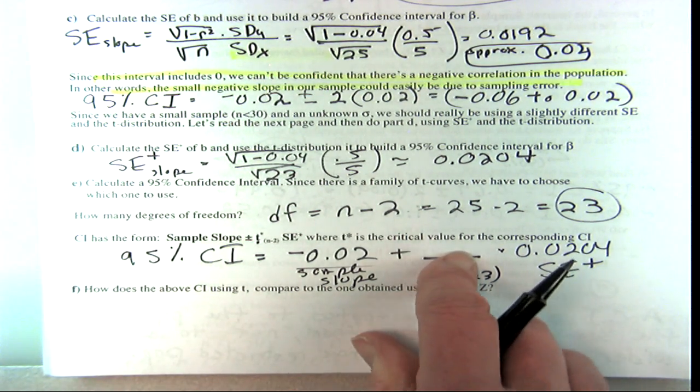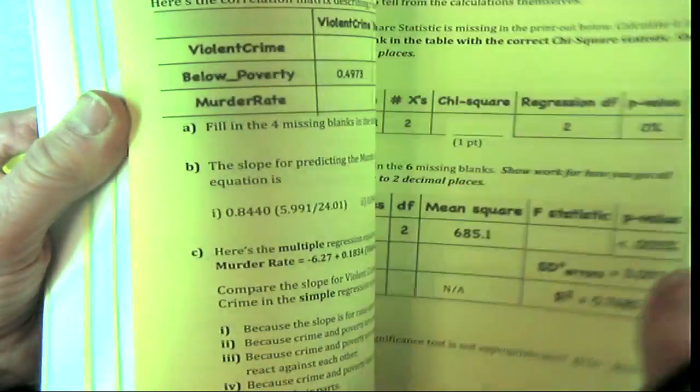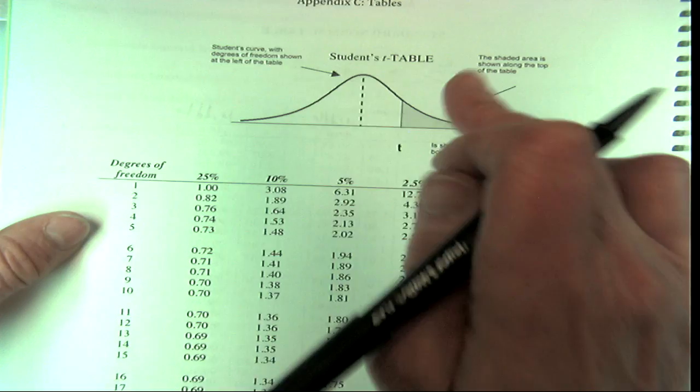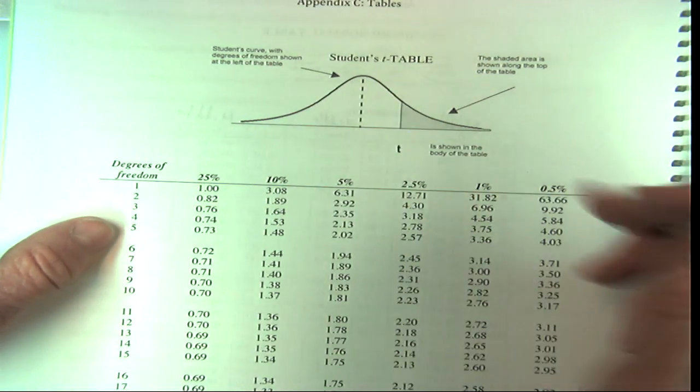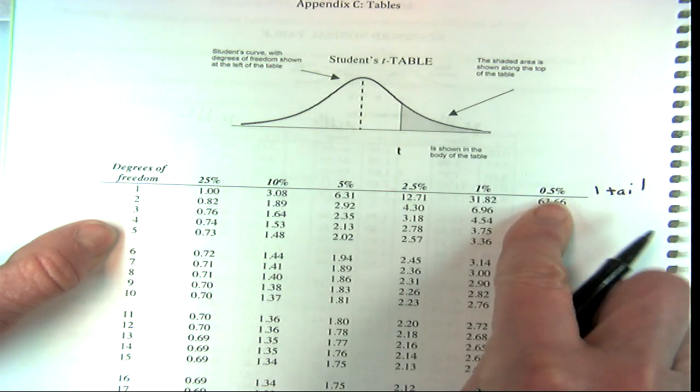We just have to get that t. So let's go to the back of the book. This will be the same t-table that will be on your exam. Unfortunately, it doesn't show the middle area. It just shows one tail. So this is just for one tail right here.